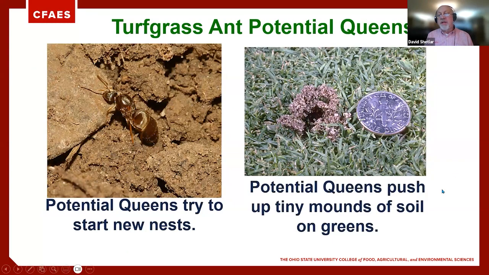The other one that occurs right now, this really occurred about a week and a half ago when we did have a significant rain front that came through. The little turfgrass ant colonies have produced new potential queens. We call them potential queens because until they have established an actual colony, at which time they would be fully developed queens, they're really trying to establish colonies.